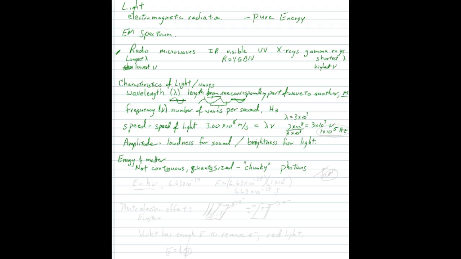There's an equation for energy. Energy is equal to something called Planck's constant times frequency, where Planck's constant is 6.63 times 10 to the negative 34th, which is very, very small. So that's why you don't notice chunks of energy coming by you.